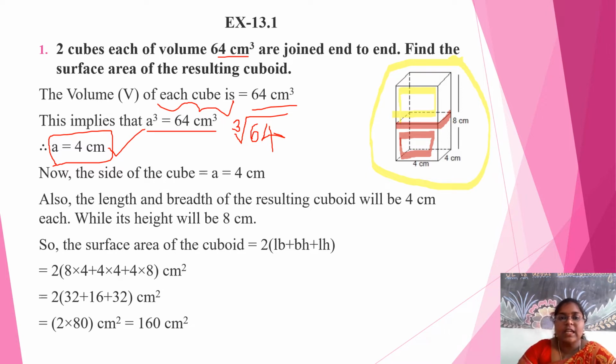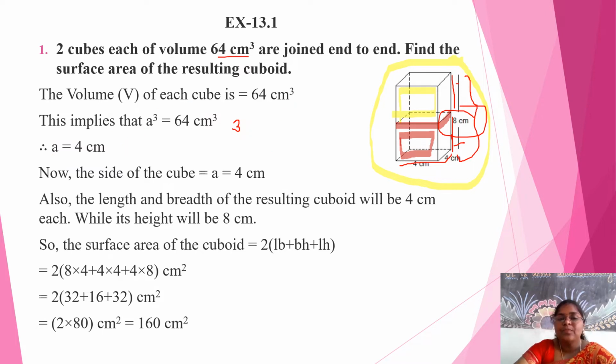Here we got the cuboid. So the length and breadth of the resulting cuboid will be 4 centimeters. If you see, you can find it out. Your length and breadth will be 4 centimeter, and for the cuboid height we have to calculate. If you see here, this is one cube and this is another cube. So this is 4 centimeter and this is 4 centimeter, overall 8 centimeter. So we know the formula to find the surface area of a cuboid.